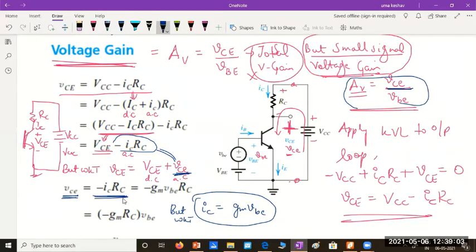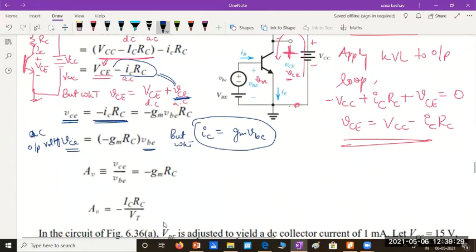So what happens? The AC output voltage vce is equal to minus gm RC into vbe, taking vbe outside. Now can I find this ratio, Av?